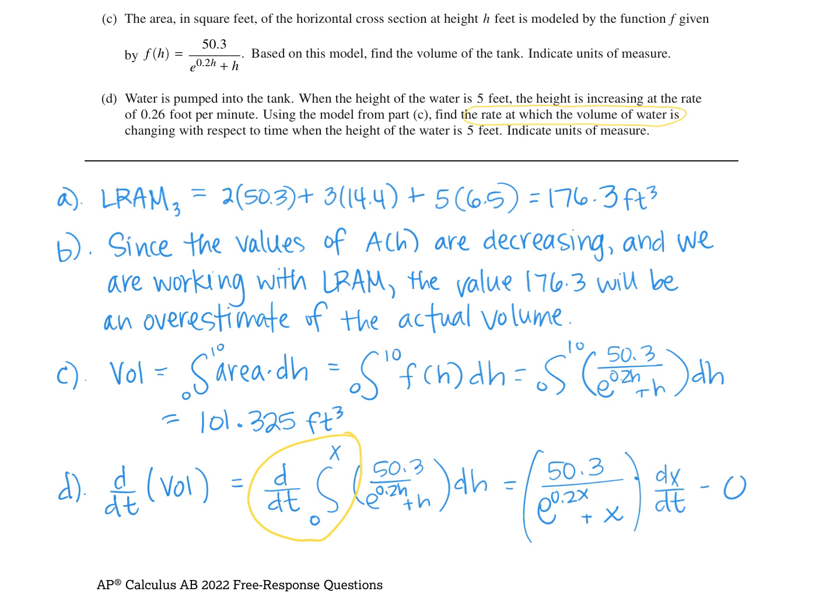Now you can plug in the number 5. And now you can plug in 0.26 for dx dt, because that's the rate at which that is changing. So we'd have 50.3 over e to the 0.2 times 5 plus 5, that quantity, multiplied by 0.26.